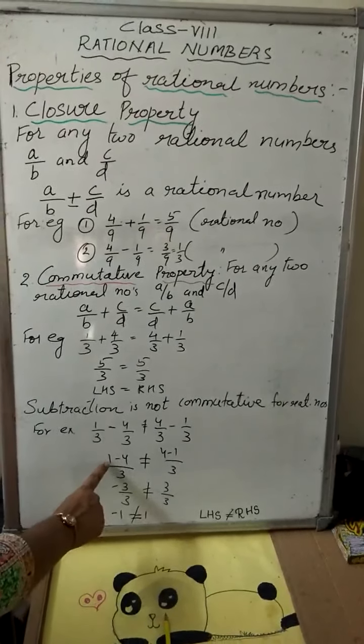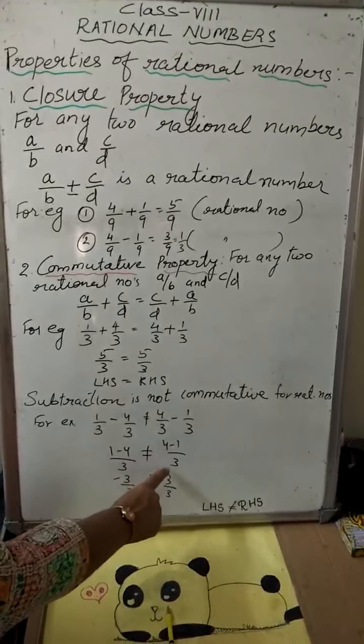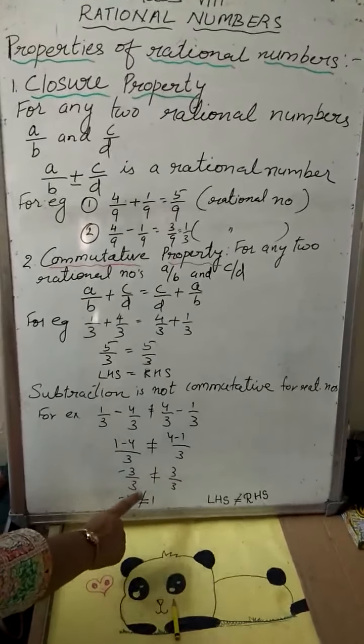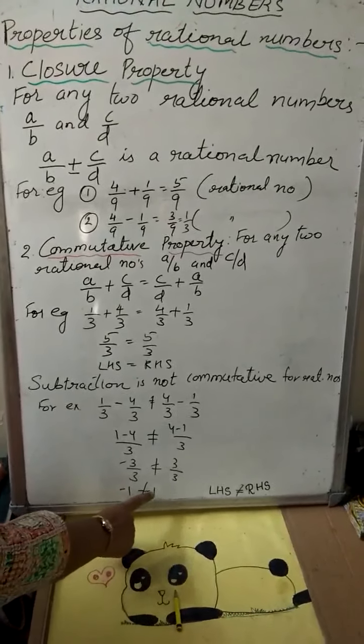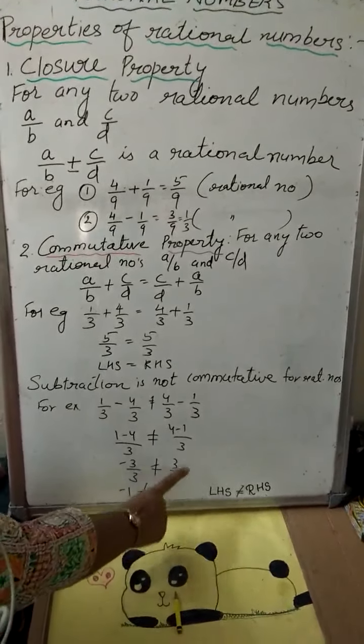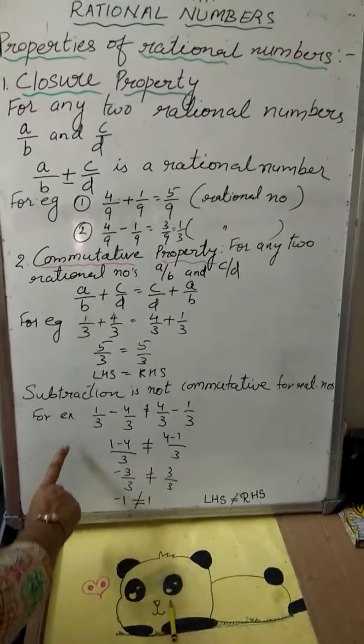That is, 1 minus 4 by 3 is not equal to 4 minus 1 by 3. After solving, you will get the result as minus 1 not equal to 1. So that means this is not for subtraction.